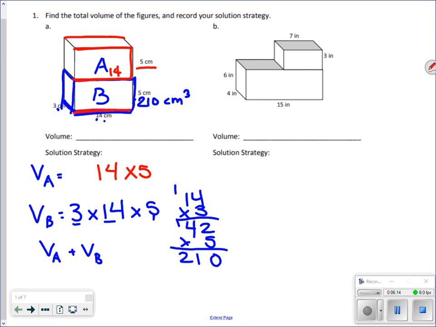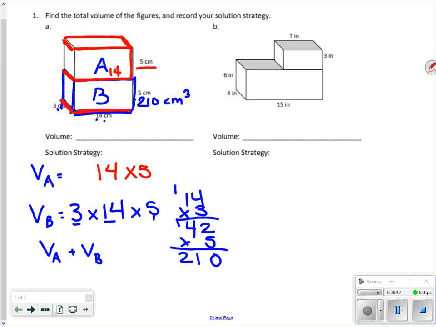What about my width or that side? It's not labeled. What would it be? It's 3, because if it's 3 here, guess what? It's 3 here, it's 3 here, it's 3 here, it's 3 over where you can't see it too. I don't have any parts that are hanging off. I don't have anything that's short. Everything is even with everything else.